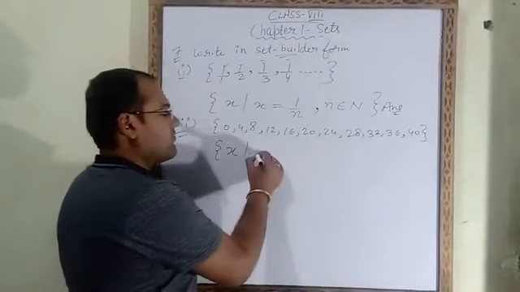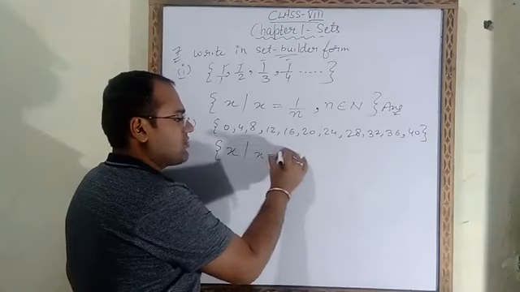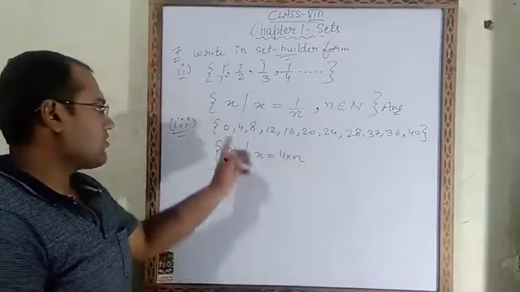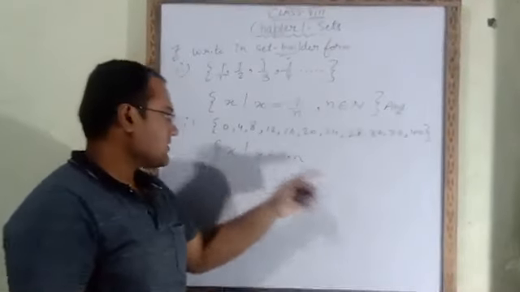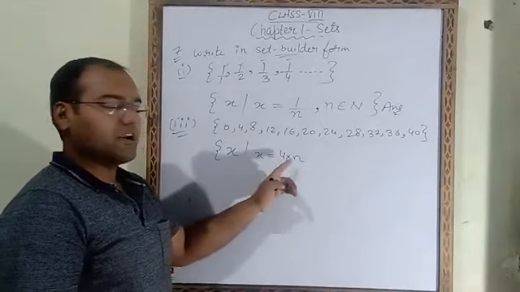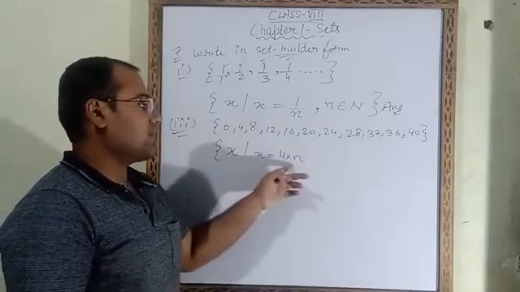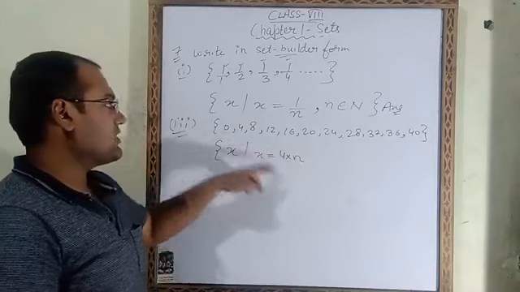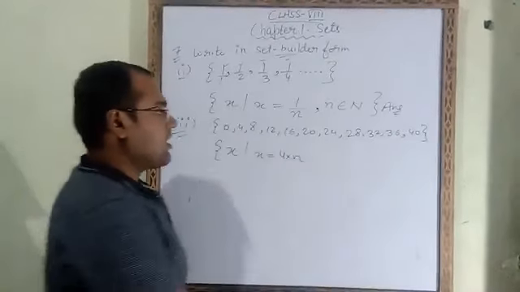That's why we will make one formula here. x is equal to 4 multiply n. These all are the values of x. This is the formula for the multiple of 4. Now what is this n? The first value is 0. How will we make 0?